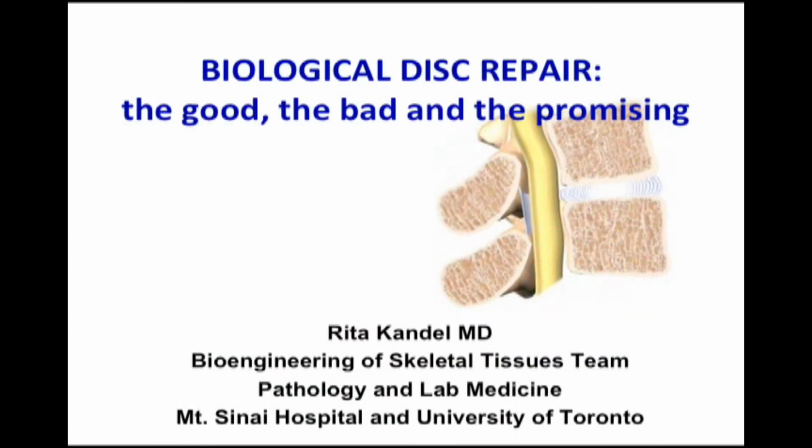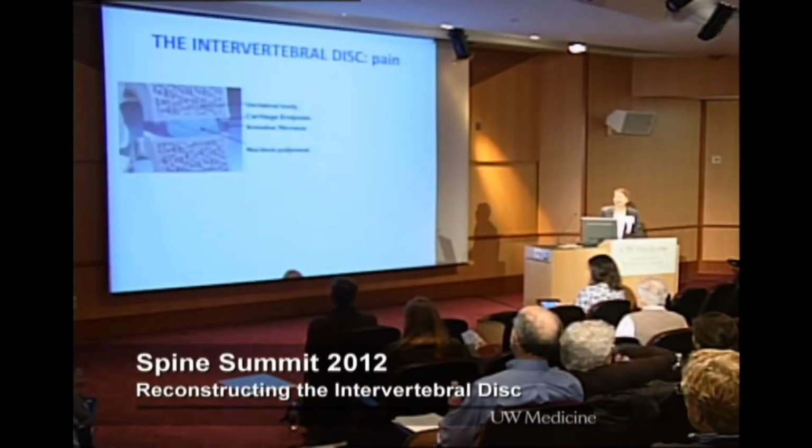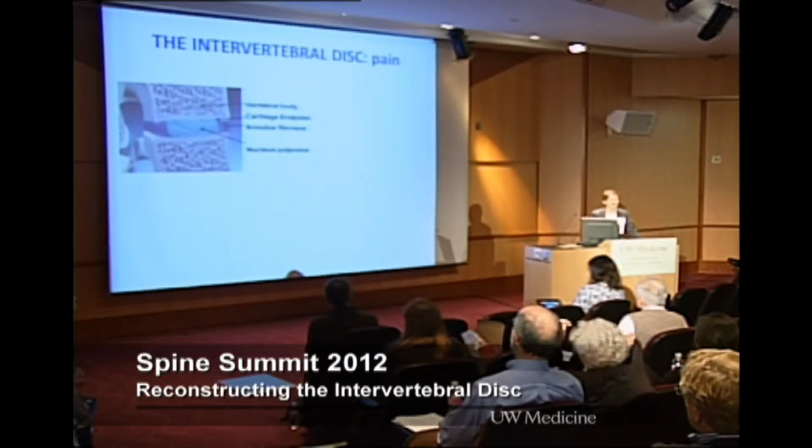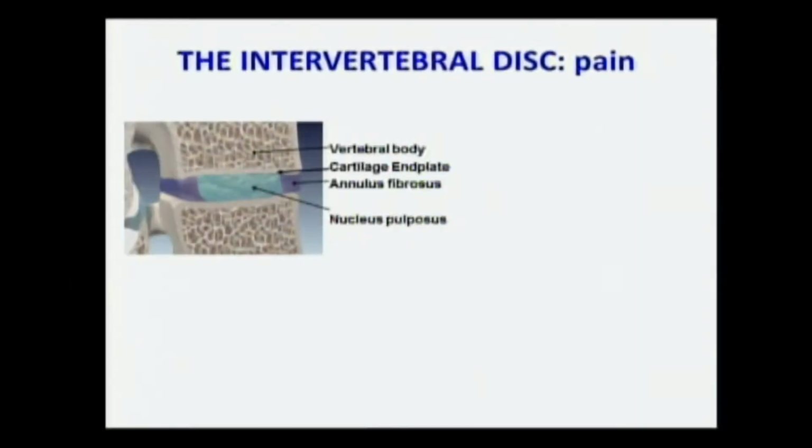I'm just going to go on and expand a bit on what Jim has so eloquently started off: biological repair of the disc. I think we would all agree that the disc is a very oblique structure in the sense that we really don't understand all about it.